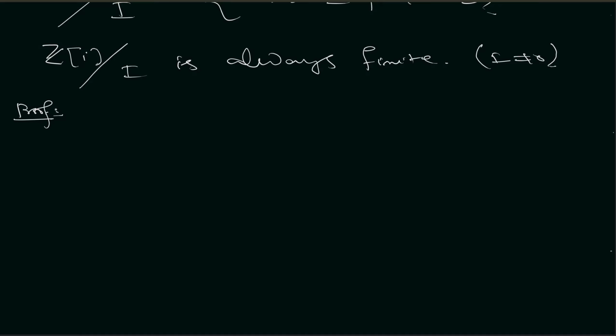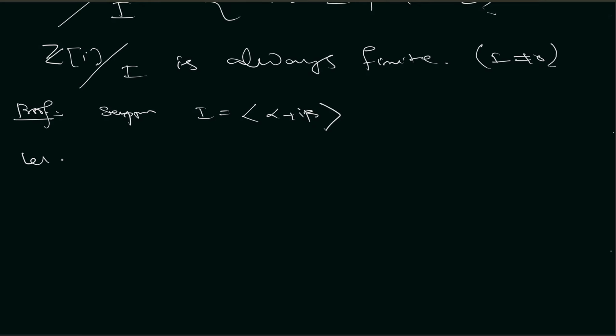I don't say it is a ring or something, but it is always finite. So the proof is simple. Suppose this ideal is generated by some alpha plus i beta type element, since it will be generated by a single element. So suppose this I is this.